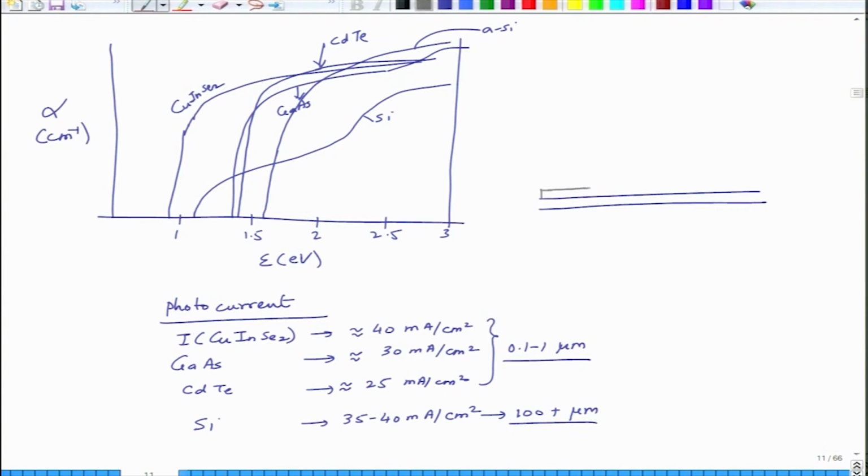So we first make contacts like this, and between the contact we put in the semiconductor, and then of course you can have contact on this side also.